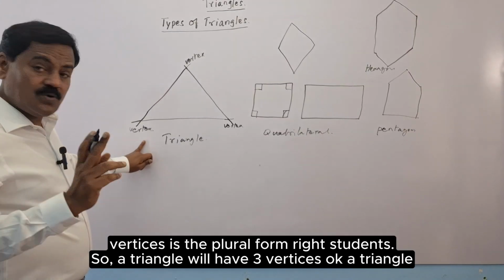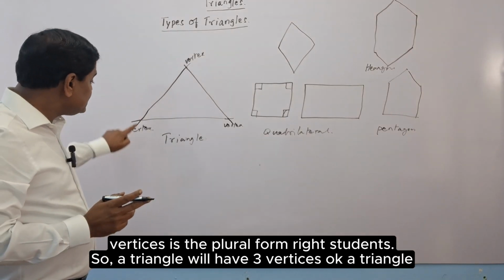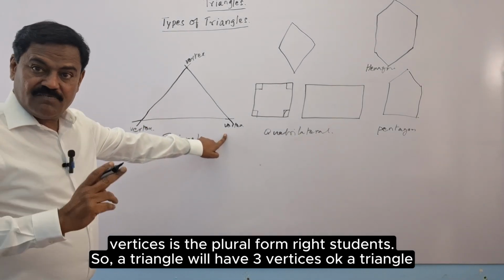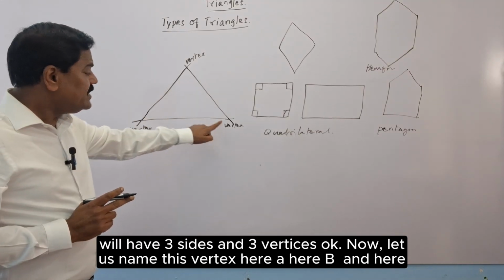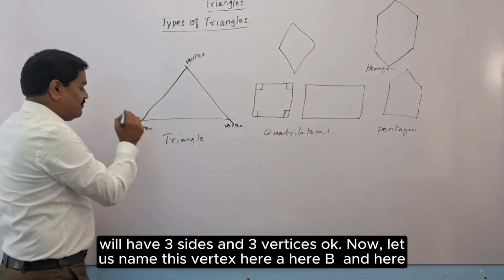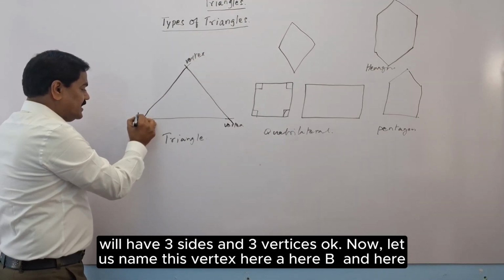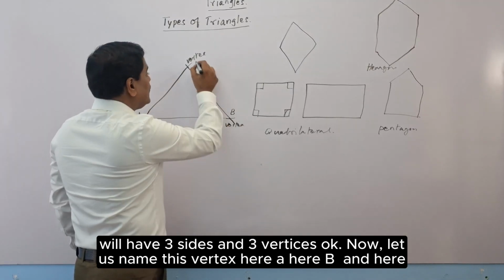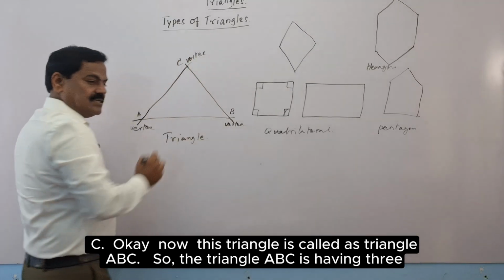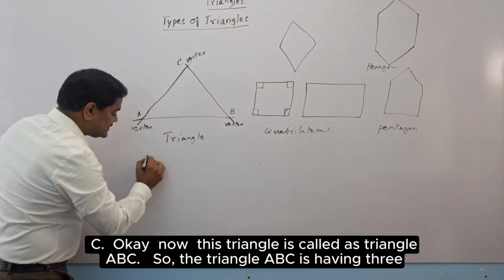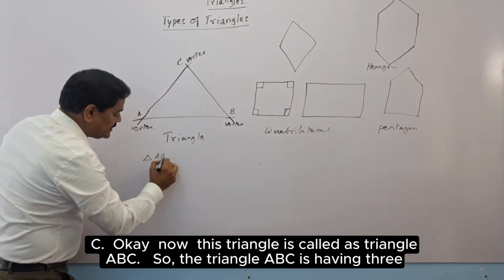So a triangle will have three sides and three vertices. Now let us name these vertices: here A, here B, and here C. Now this triangle is called triangle ABC.